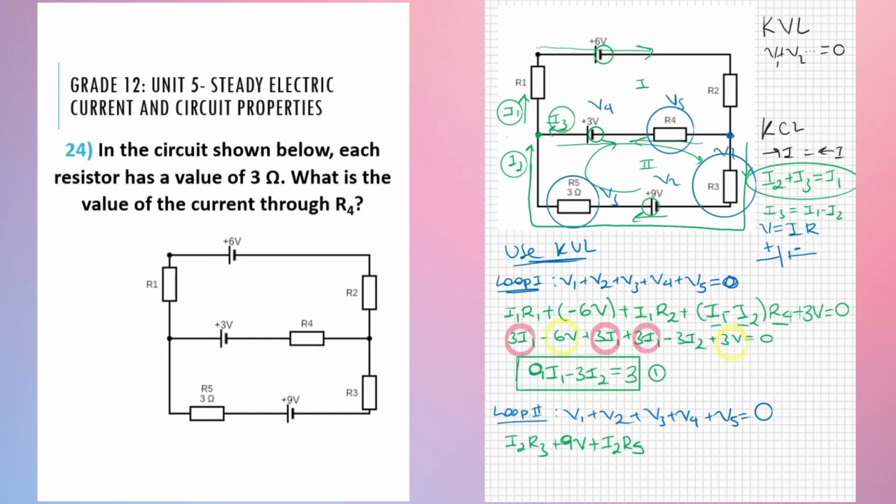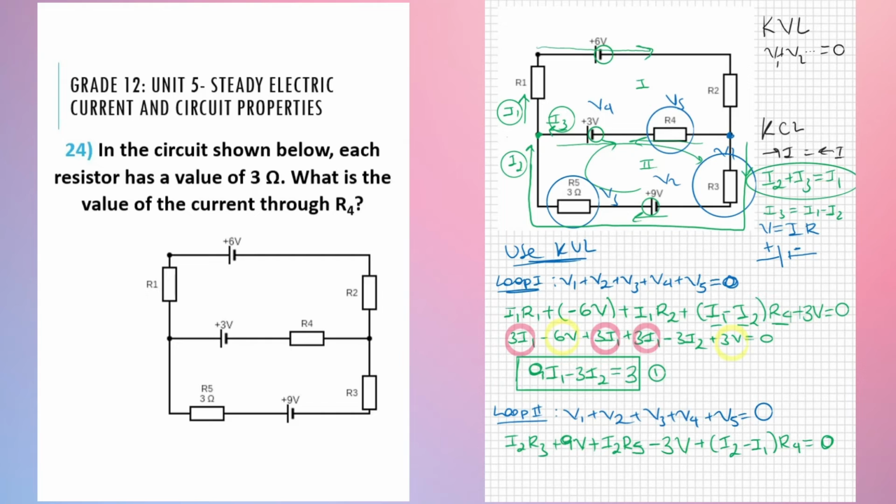So we say minus 3 volts. Lastly, we have V5. We do a similar trick as before, except since we are in loop 2, we say I2 minus I1 instead, and we multiply this by R4. So this will be equal to 0, and that is how you sum up these voltages.